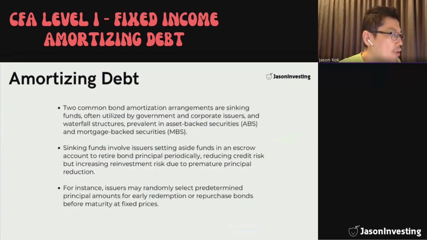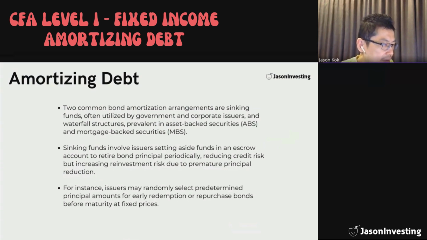Two common bond amortization arrangements are sinking funds, often utilized by government and corporate issuers, and waterfall structures, prevalent in asset-backed securities and mortgage-backed securities. Sinking funds is okay. So sometimes there's a provision for the company to have a sinking fund.